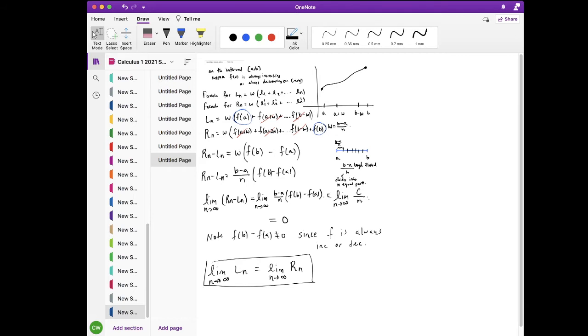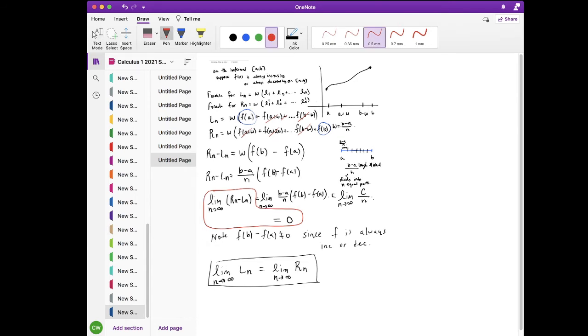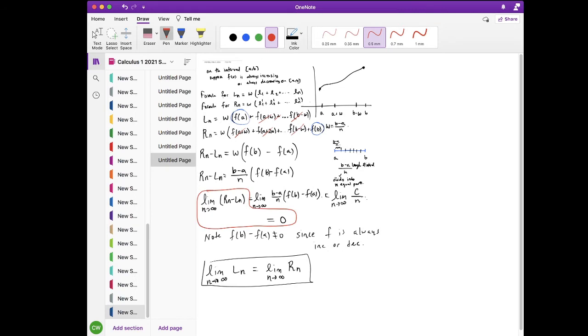If the limit of the difference is 0, that means the limits are equal. All right, since this is 0, the two things must be the same. Okay, so any questions on that?